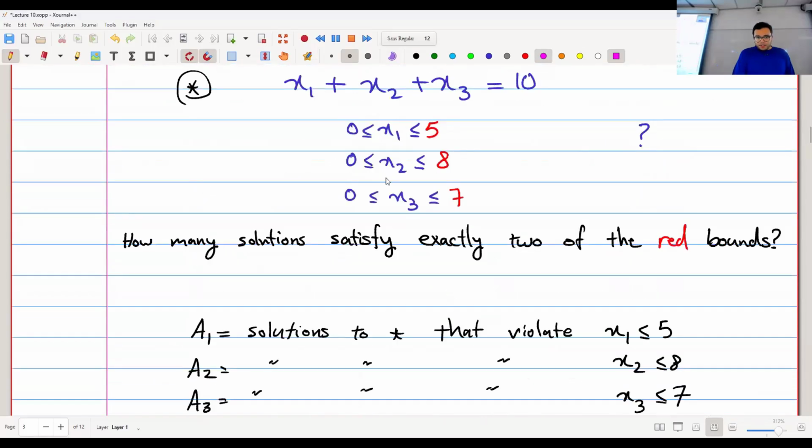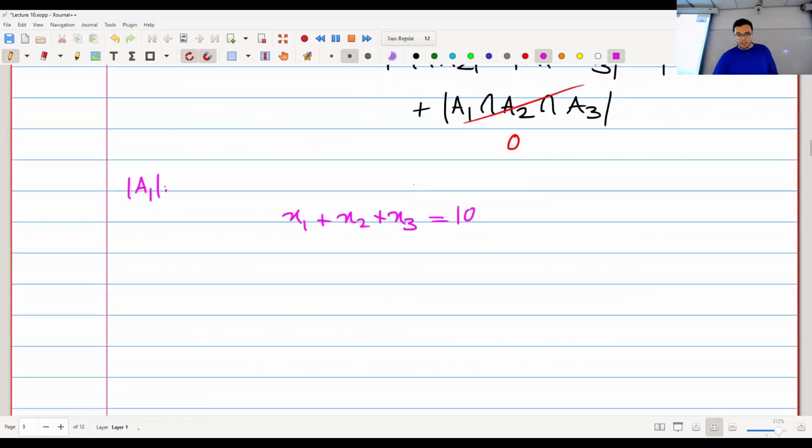But now I know that this bound is violated. So x1 is at least 6. Okay, so 6 less than or equal to x1. But x2 and x3 are greater than or equal to 0. I want to see how many solutions I have here. And the number of solutions to this system is going to give me the size of A1.